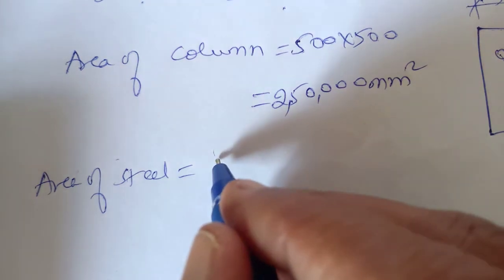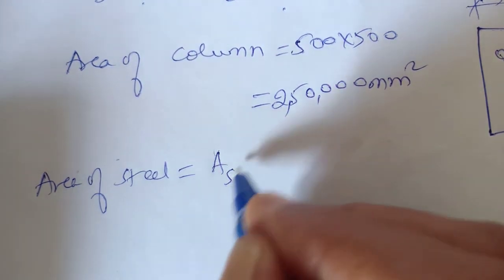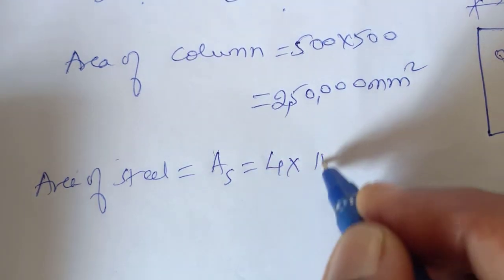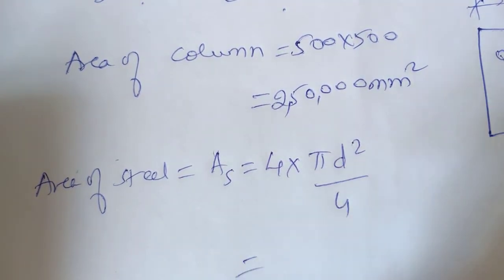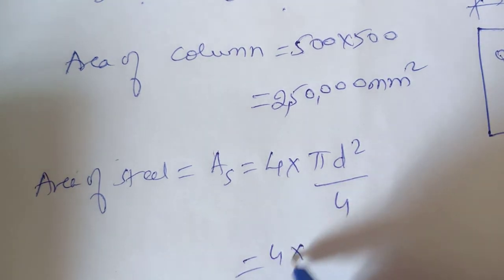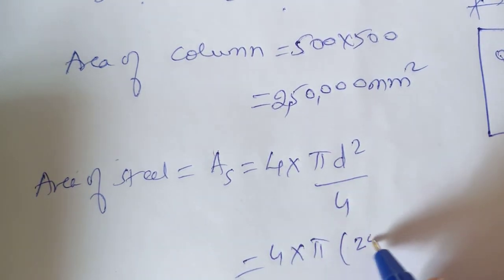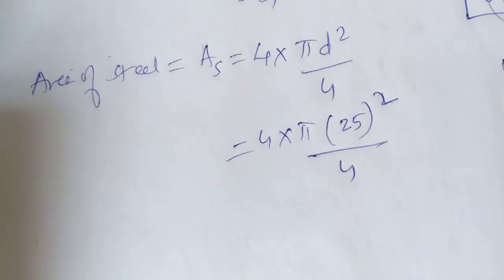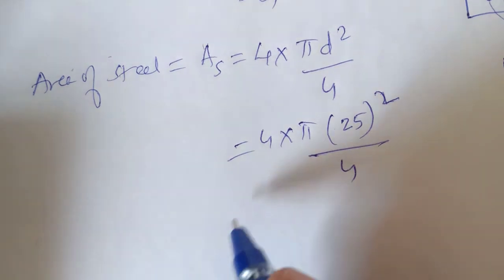We already have the diameter of the bar. So we will find 4 into pi d square by 4. 4 bars and the diameter is 25. So I'll substitute the value of the diameter divided by 4. So now you have the area of steel.